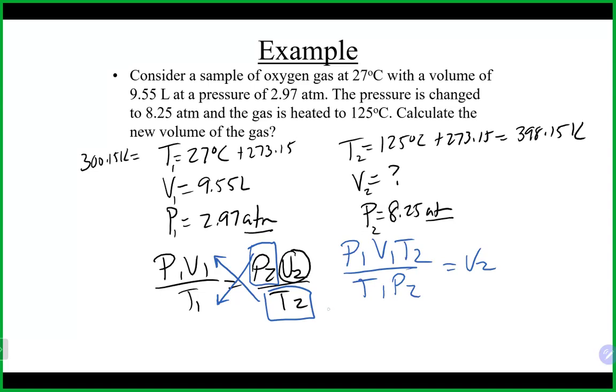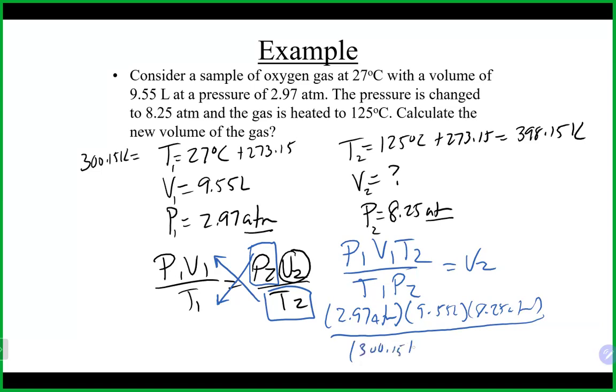So that is P1 up on top, which is 2.97. V1 up on top, which is 9.55 liters. And our T2 up on top, which is 825 atmospheres. All divided by our T1, which is 300.15 Kelvin. And our P2, which is 8.25 atmospheres.